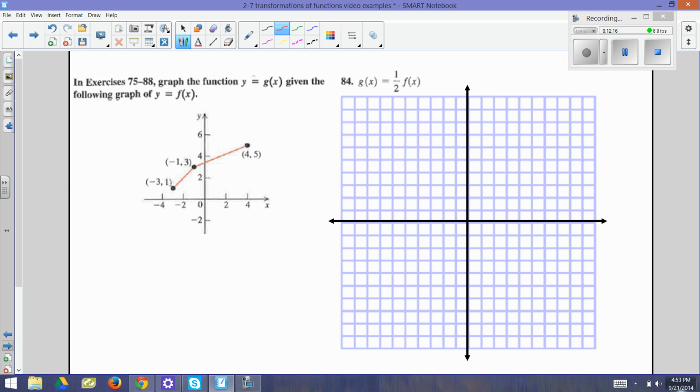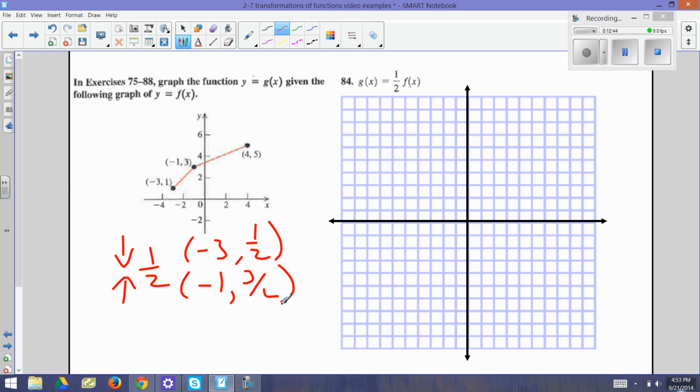G of x is equal to 1/2 f of x. So here I am compressing it by a factor of 1/2. My y is changing by a factor of 1/2. So my x stays the same, my y is cut in half. Instead of (-3, 1), it's (-3, 1/2). Instead of (-1, 3), it's (-1, 3/2).